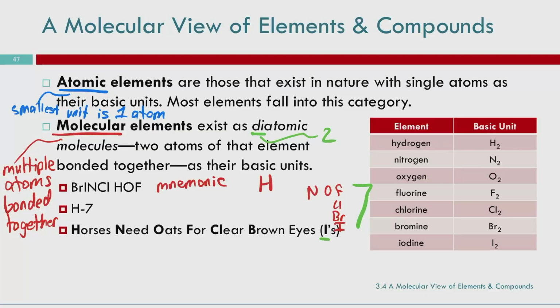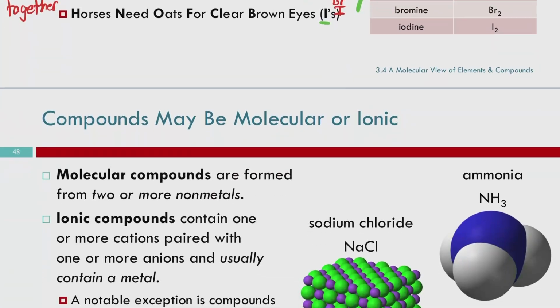So there's 3 possible tools you can use to remember your diatomic elements. And then everything else, for this class at least, we can just assume is atomic. It's just one atom by itself. It's not 2 or 5 or 7 or some weird number. So that's the way we can break down our elements.